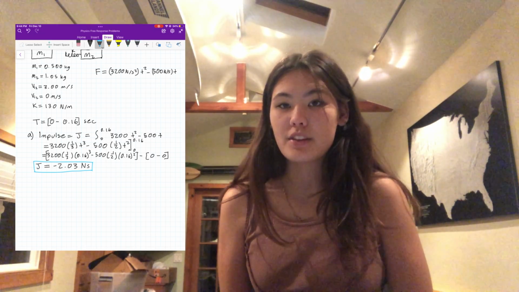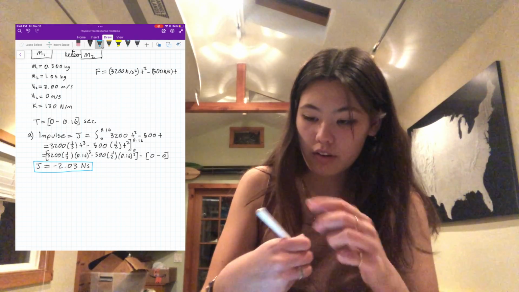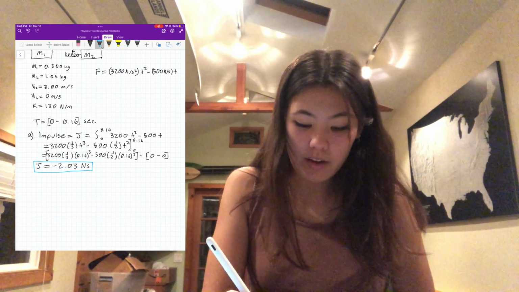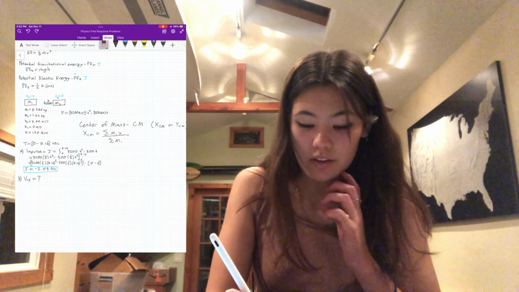So moving on to part B, which asks us to calculate the speed of cart 1 after the collision. So we can denote that as we're looking for V of cart 1 final.